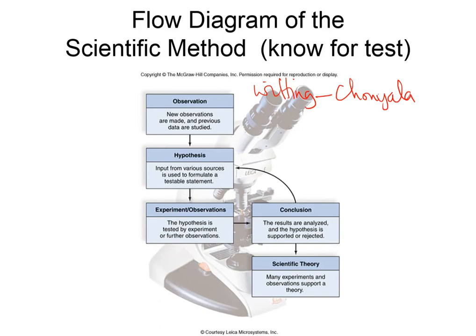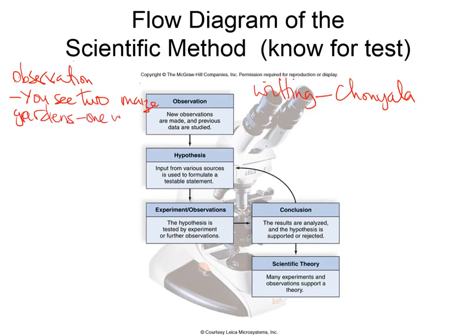So you are walking around and you see two maize gardens, one with good crop, another with bad crop. That is an observation.